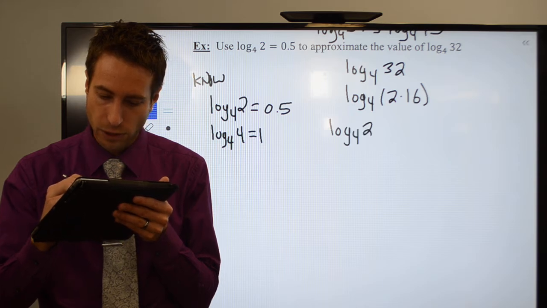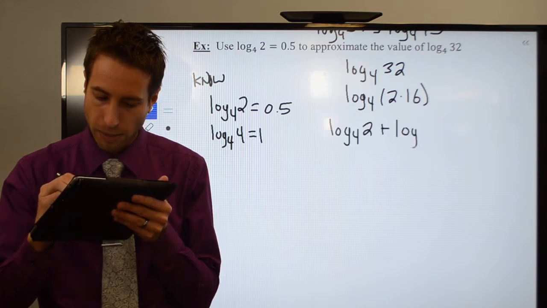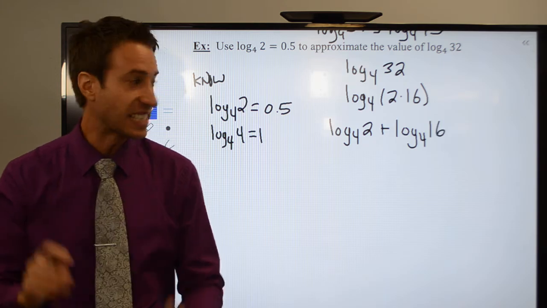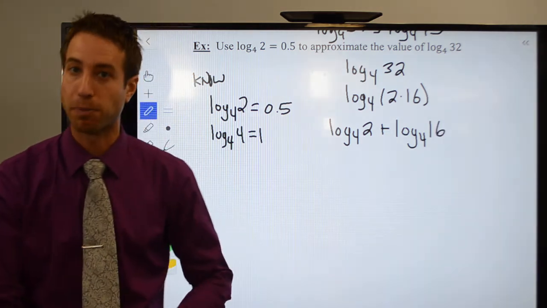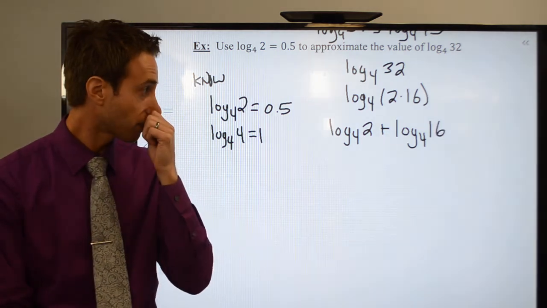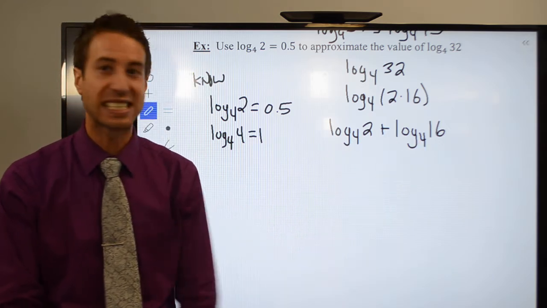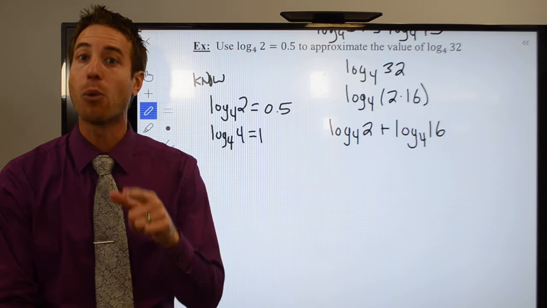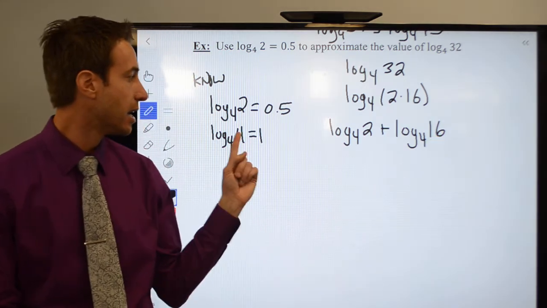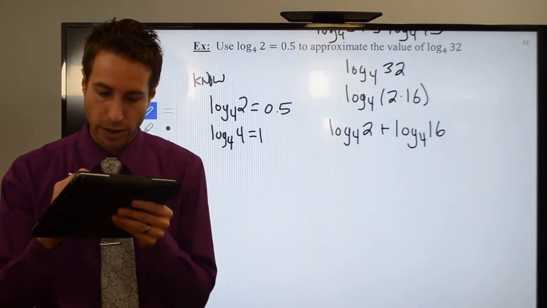Log base 4 of 2 plus log base 4 of 16, right? That's the product property for logarithms. Well, log base 4 of 2, I know. Log base 4 of 16, I don't know that. However, I do know 16 is 4 squared.